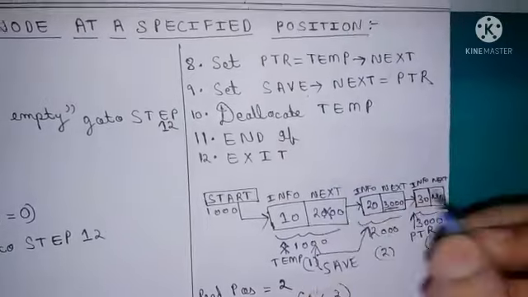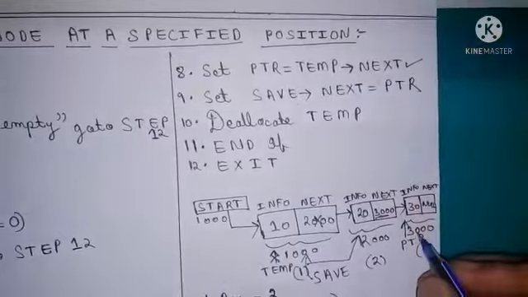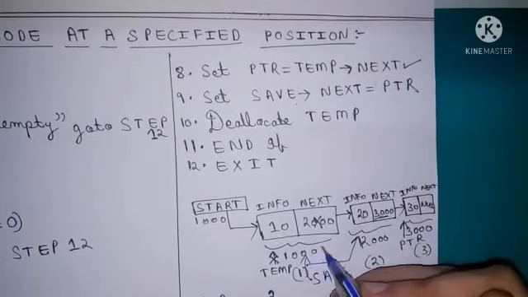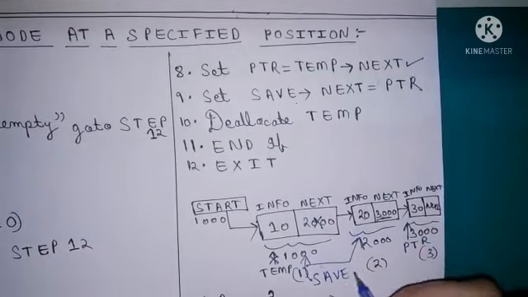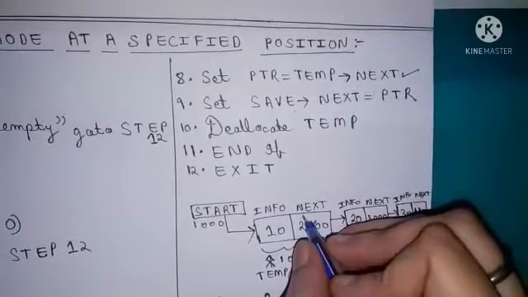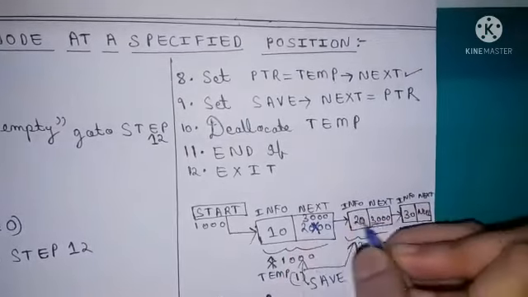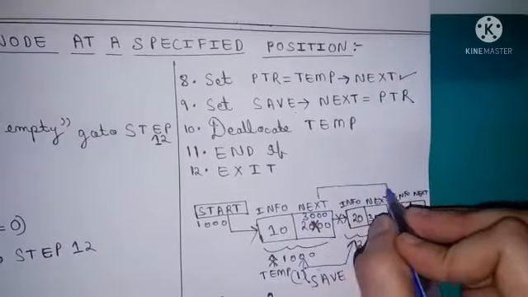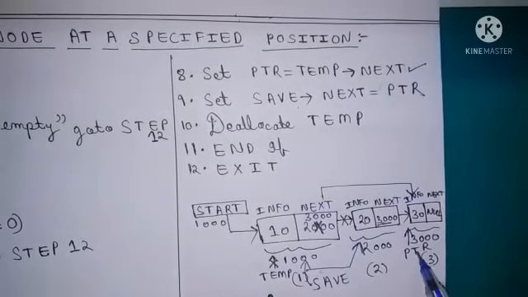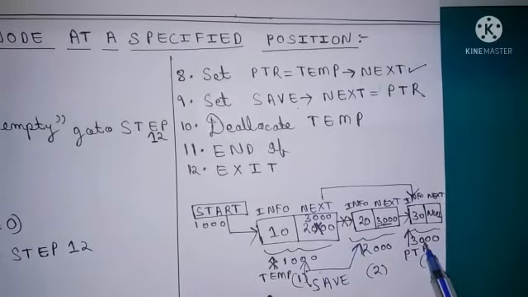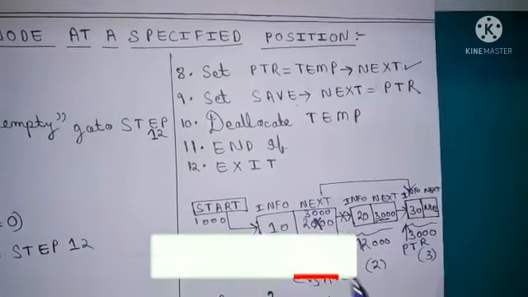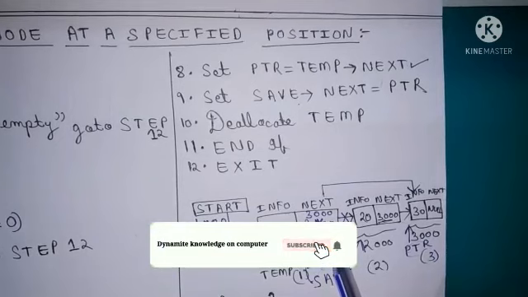So ptr is equal to temp next is executed, then save next is equal to ptr. It will no more point to 2000, it will now store the address of 3000. That means ptr is the node whose address is 3000, and save next is equal to ptr.